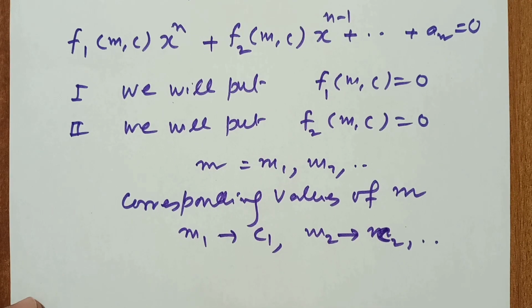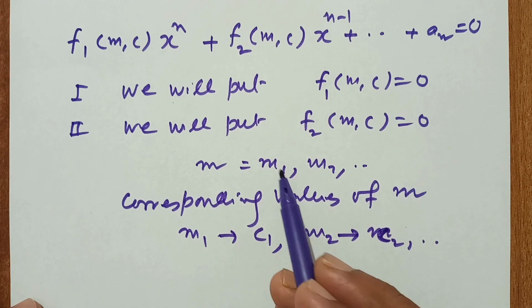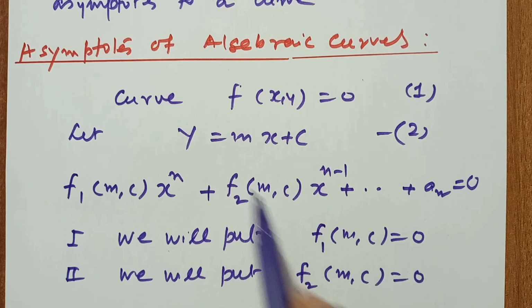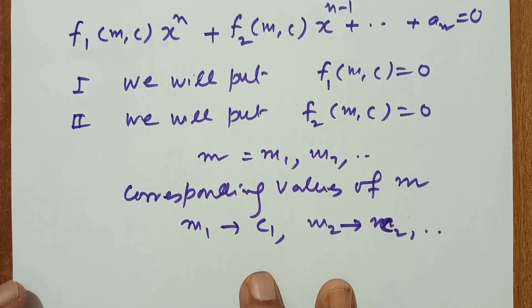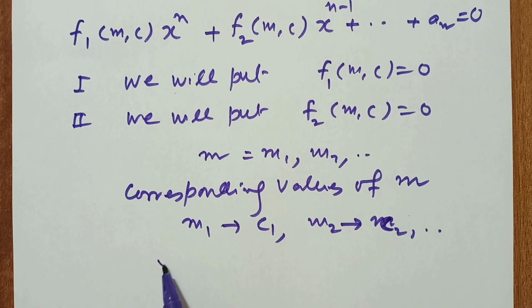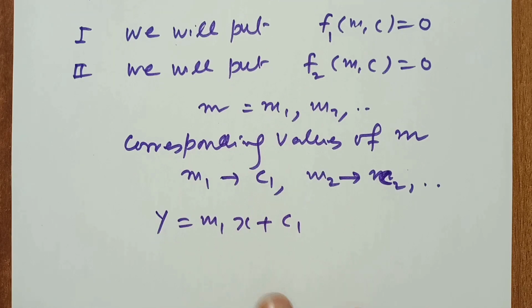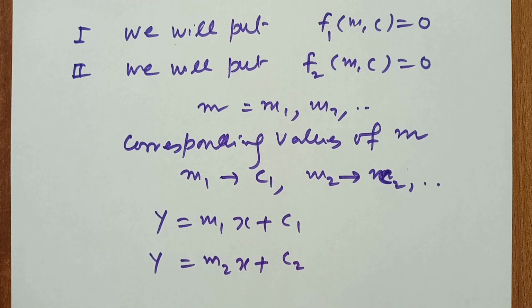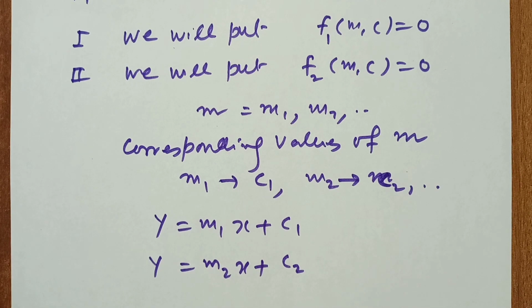Then putting the values m1, c1, m2, c2 in equation 2, we will get the asymptotes y is equal to m1 x plus c1, m2 x plus c2, and so on. So if the equation of a curve is of n degree, we will get n asymptotes.